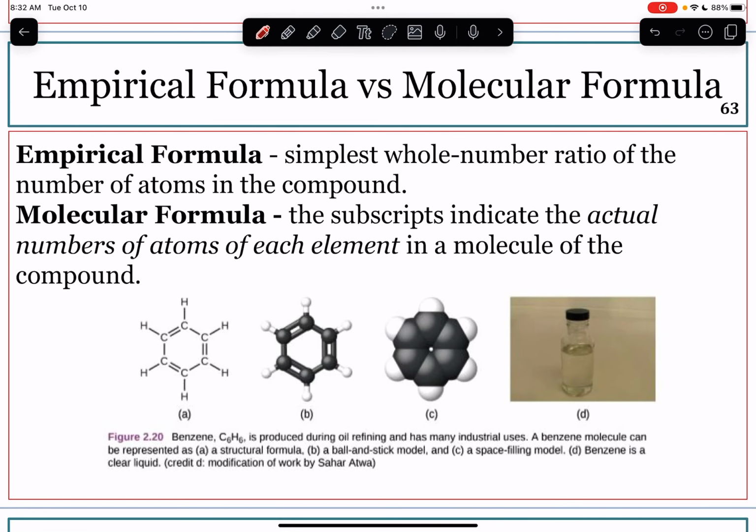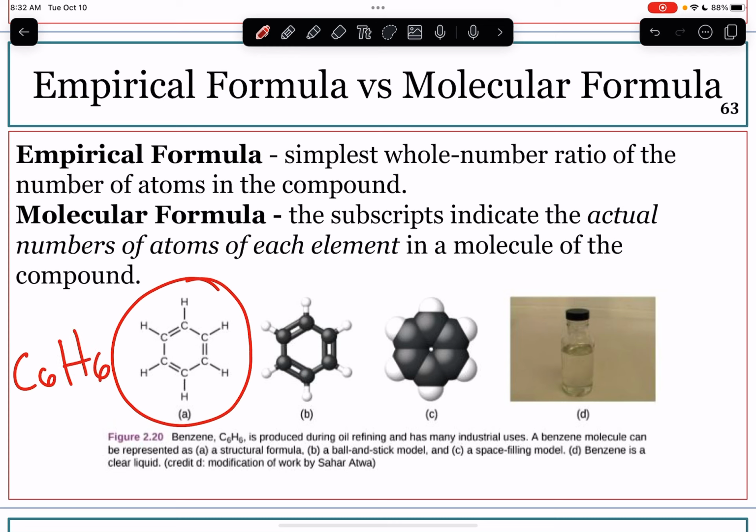We've already discussed molecular formulas. The molecular formula for this molecule here is C6H6. We have 6 carbons and 6 hydrogens in this molecule, which happens to be called benzene. The empirical formula is the simplest whole number ratio of the number of atoms in the compound.